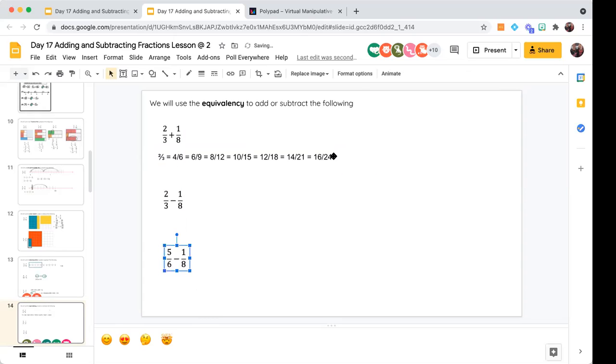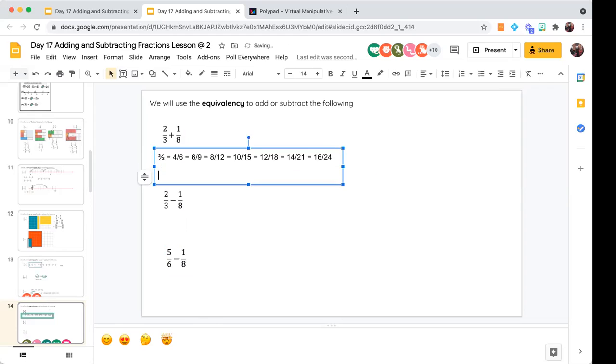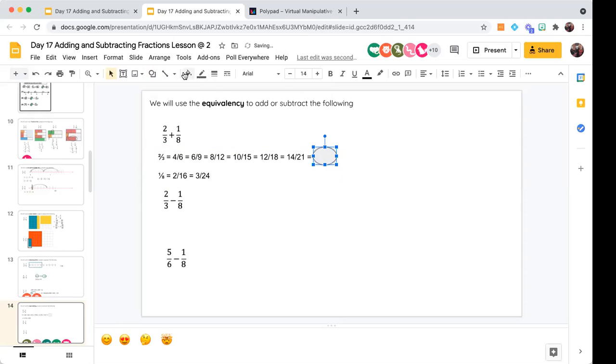And then when I look at 1/8, I say, well, what is 1/8 equivalent to? Well, 1/8 is equivalent to 2/16, which is equivalent to 3/24. Oh, thank goodness, we found them, right? We found what they were equivalent to so that we're in the same unit.